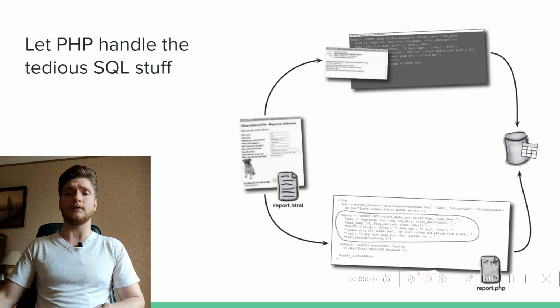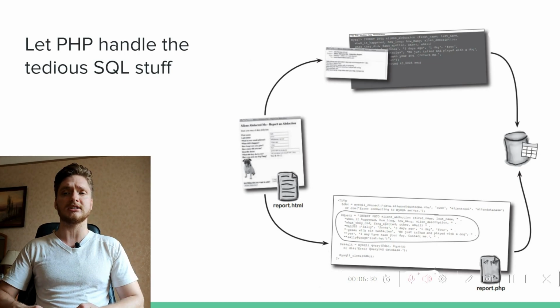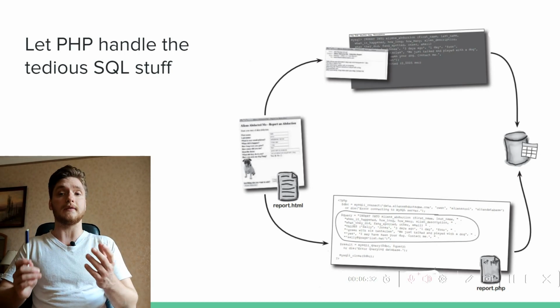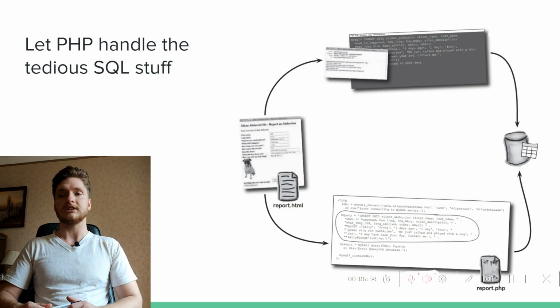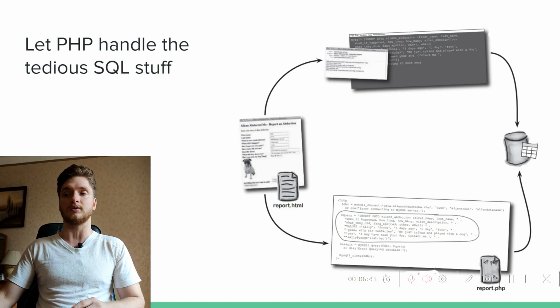The HTML form calls a PHP script and asks to add the form data to the database. The PHP script creates an insert statement that inserts the form data into the database, no Owen required.